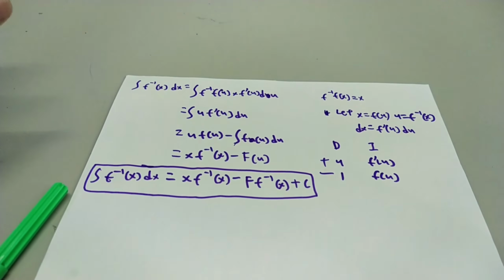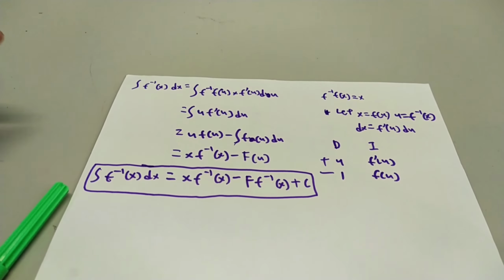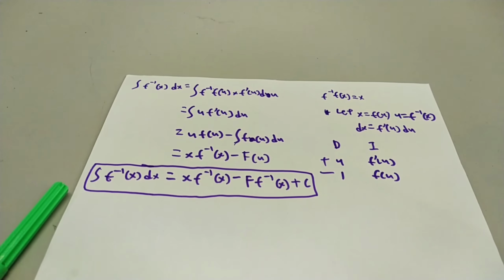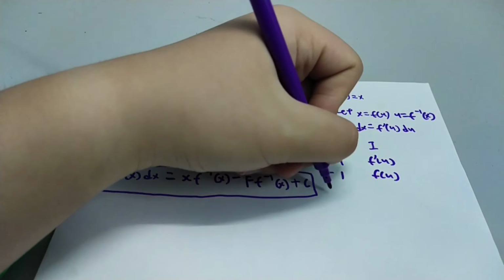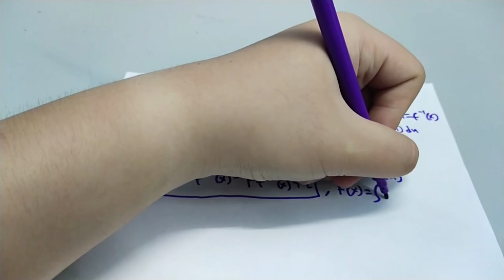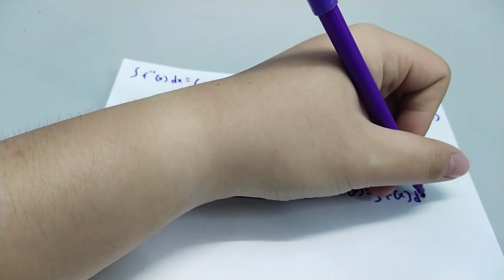So this is one of the integration shortcuts. So the integral of f inverse of x dx is equal to x times f inverse of x minus capital F of f inverse of x plus c, where capital F of x is equal to the integral of f of x dx.